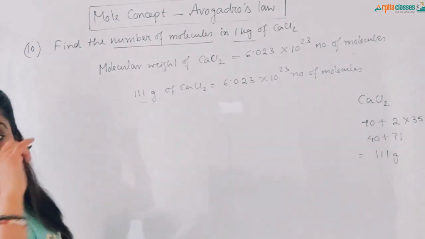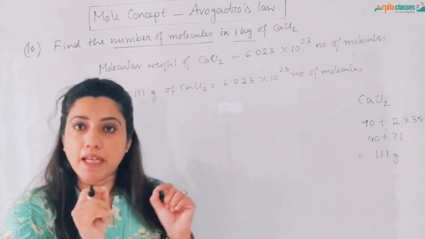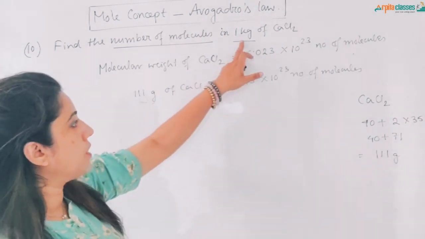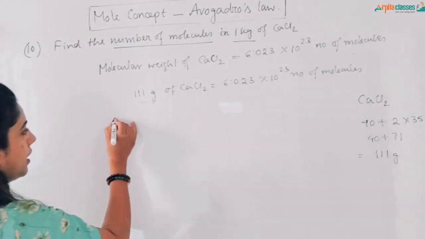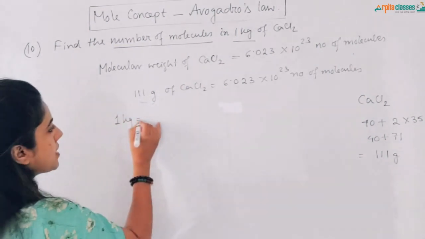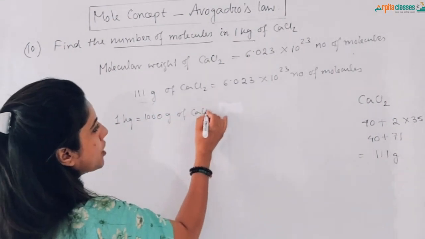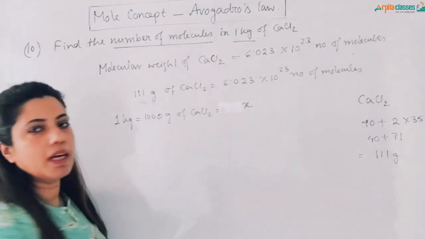So 1 kg. Now remember that in chemistry, by default, weight is always given in gram. So if this is 1 kg and molecular weight is given in gram, we have to convert it into gram. So 1 kg, that is 1000 gram of CaCl2, is equal to how many molecules? Let it be x.